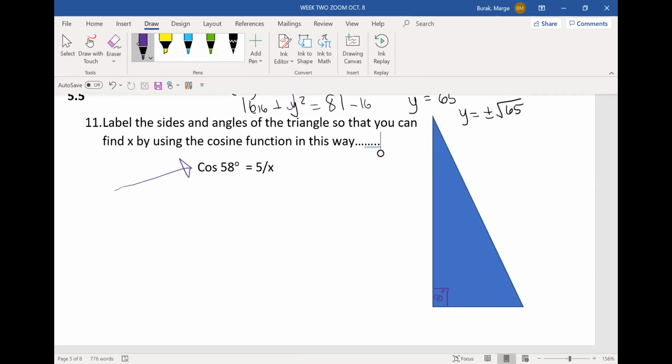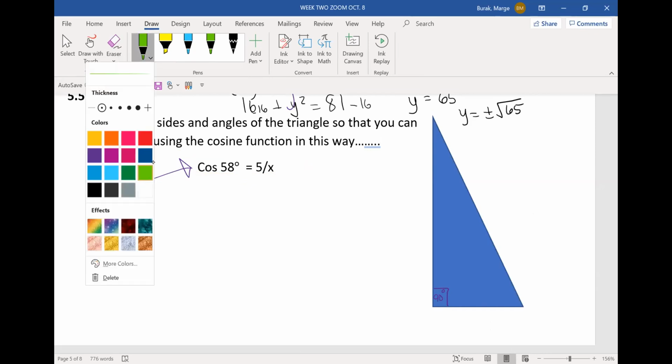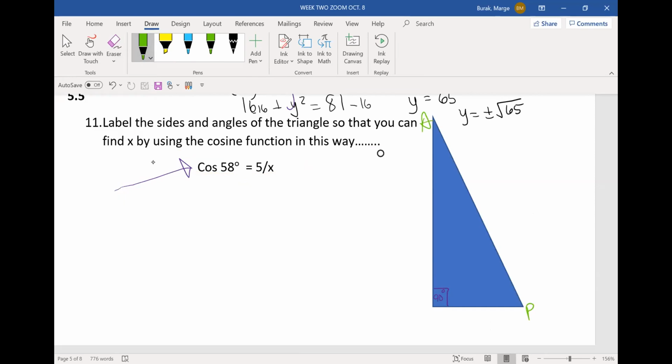I'm going to label these so you can talk to me. This one's going to be A, this one's going to be B, this one's going to be C. And that makes this little a, little b, and little c.